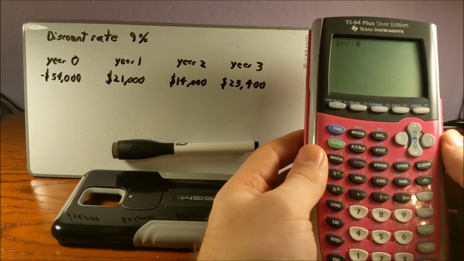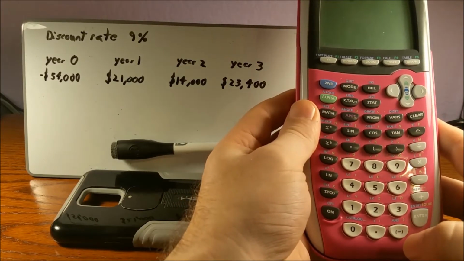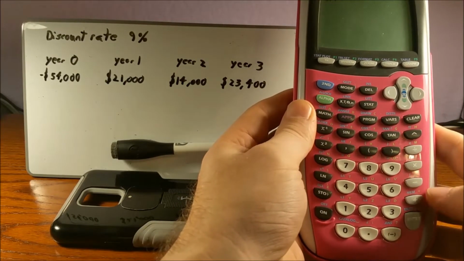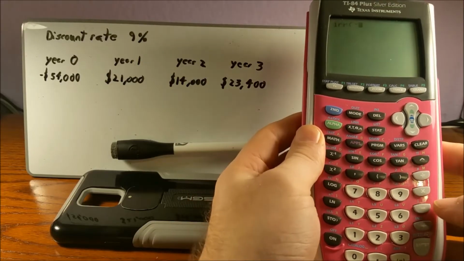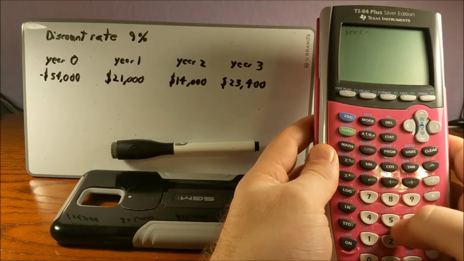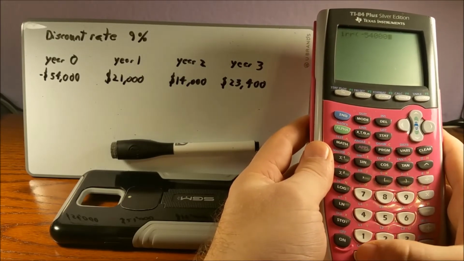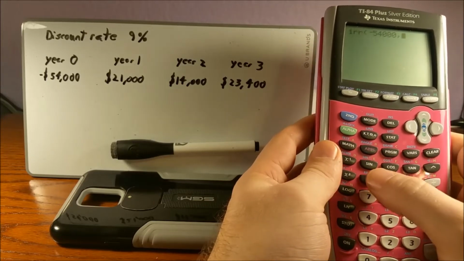So first thing that we're going to do is take the negative button here, not to be confused with subtract because that will give you an error, and take out our outflow of cash, or outlay of cash, here, 54,000, separated by a comma.